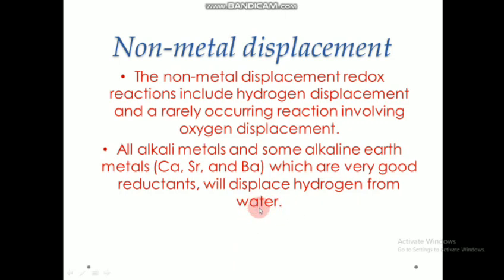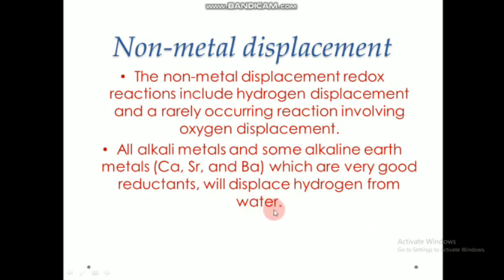If it is steam or hot water or very high temperature water, then it's possible. But from cold water, if hydrogen is displaced, then it needs to be a stronger metal or a stronger reductant. So such stronger reductants like alkali metals and some alkaline earth metals will only displace hydrogen from water. We will see the reactions later.